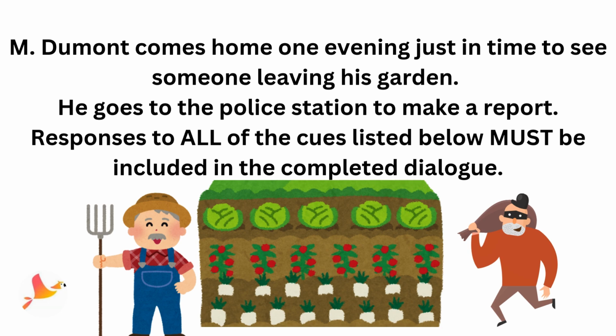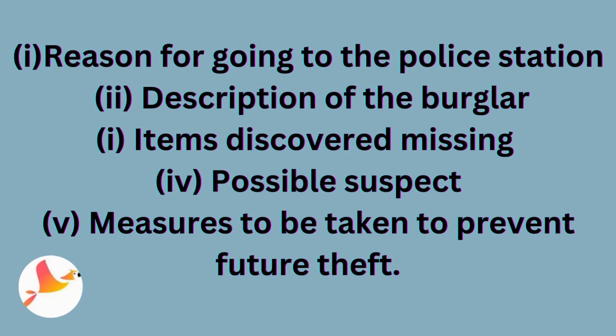Mr. Dumont comes home one evening just in time to see someone leaving his garden. He goes to the police station to make a report. Responses to all of the cues listed below must be included in the completed dialogue. And here we have 5 cues.